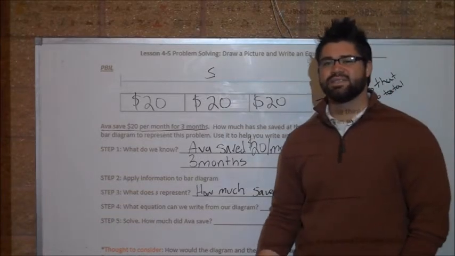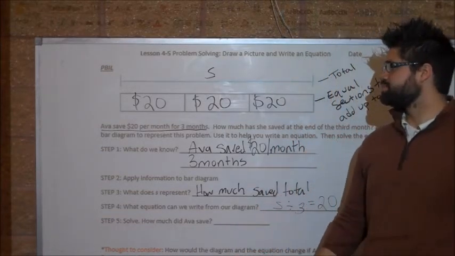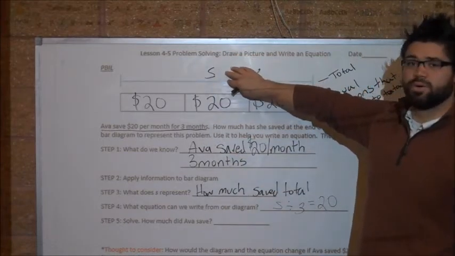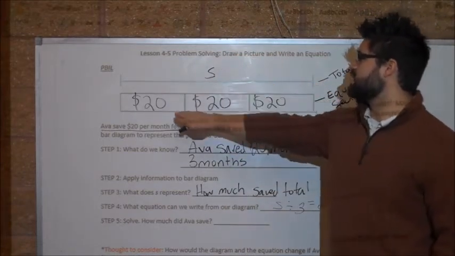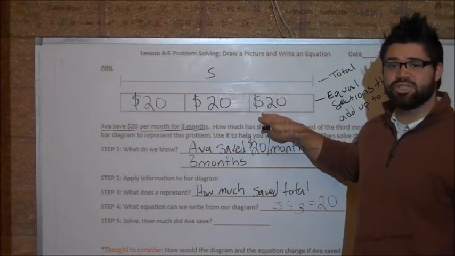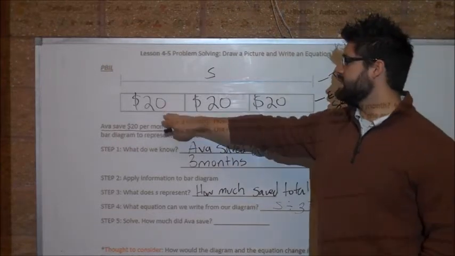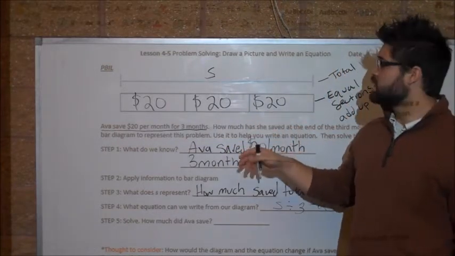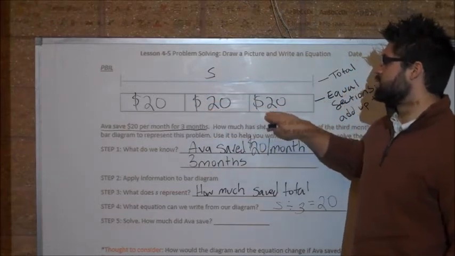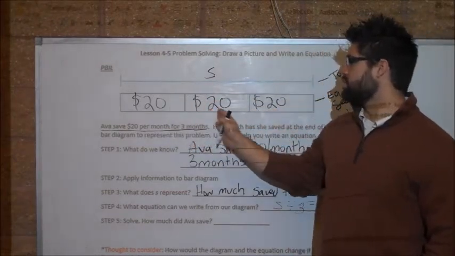Why would I say S divided by 3 equals 20? If we take our total, S, and divide it into 3 sections, we knew that each section was worth 20. So when we take S and divide it among 3, we're going to get $20 in each section.